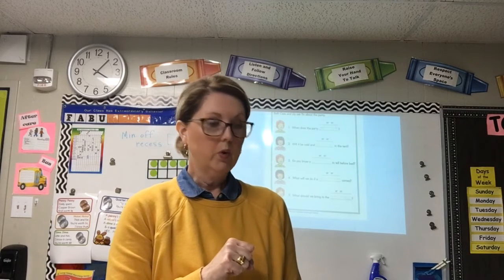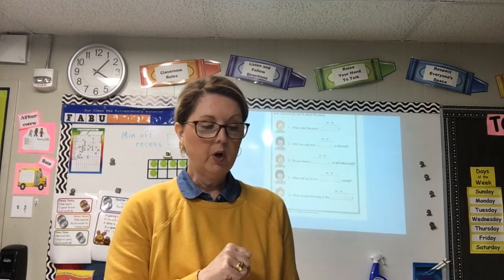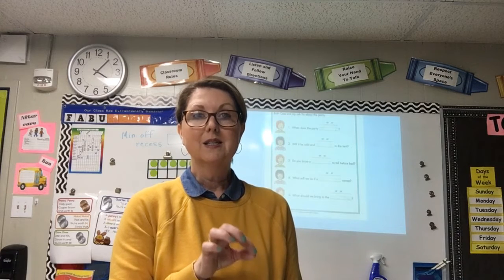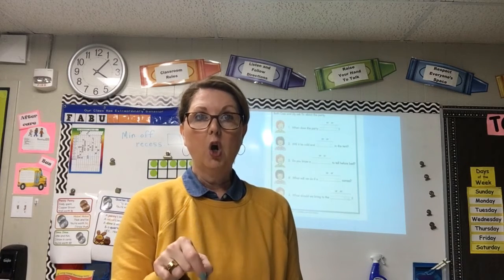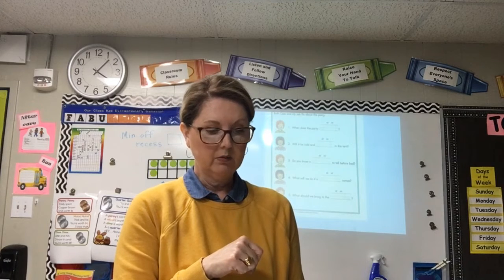If you look at number 1, this is Cass talking, and she says, when does the party blank? The word begins with ST, sta, and you choose AR or OR. So is it starry or story?